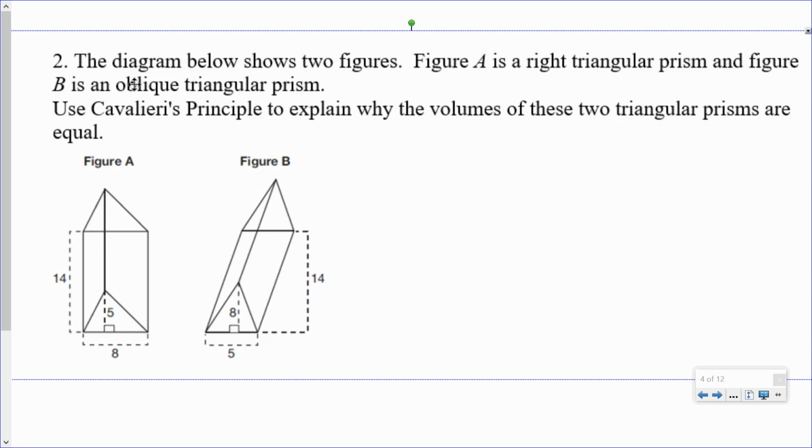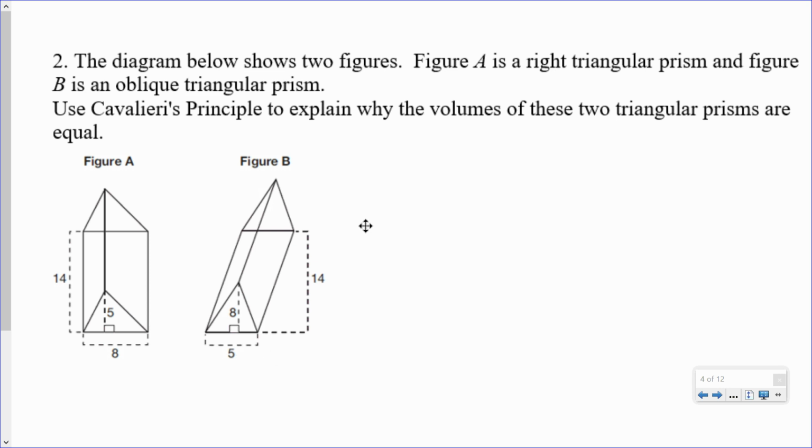Number 2, the diagram below shows two figures. Figure A is a right triangular prism, and figure B is an oblique triangular prism. Oblique just means slanted. Use Cavalieri's Principle to explain why the volumes of these two triangular prisms are equal.